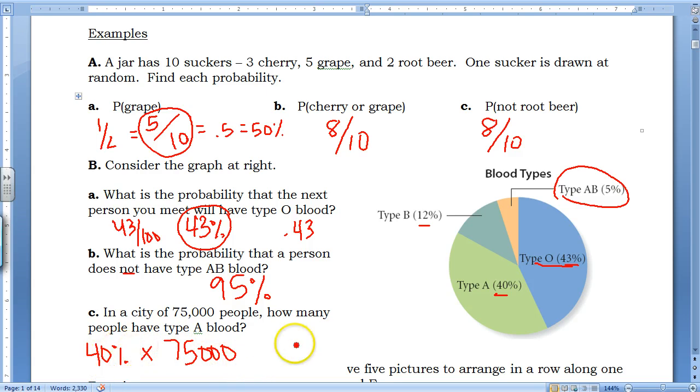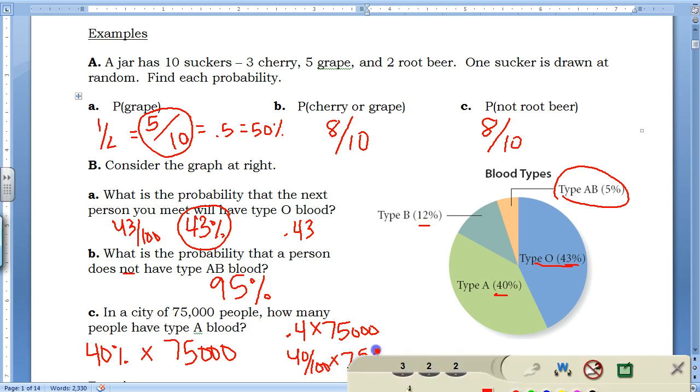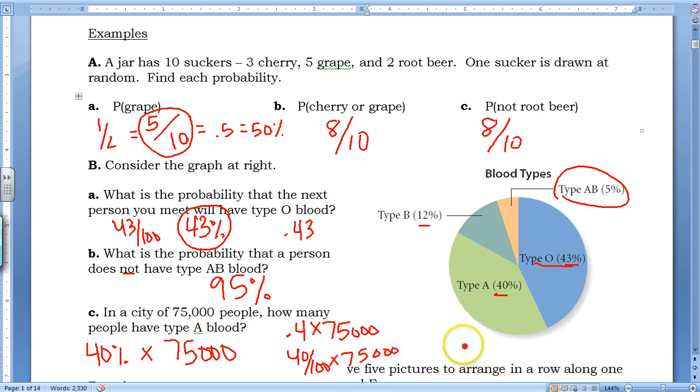If you don't have a percent button, you'll probably have to convert to a decimal or a fraction. But either way, you're still going to multiply by 75,000 to get the answer that you're looking for. So 40% times 75,000 is 30,000 people.